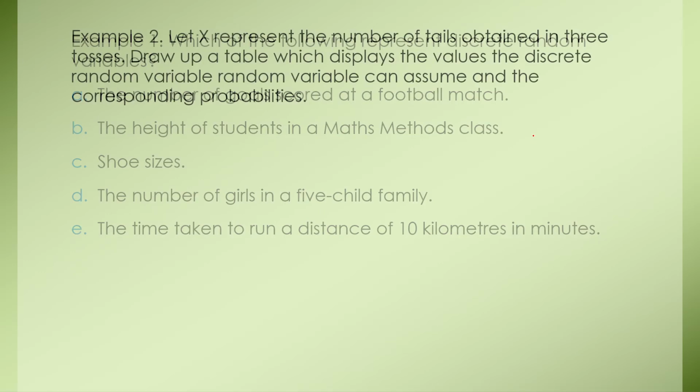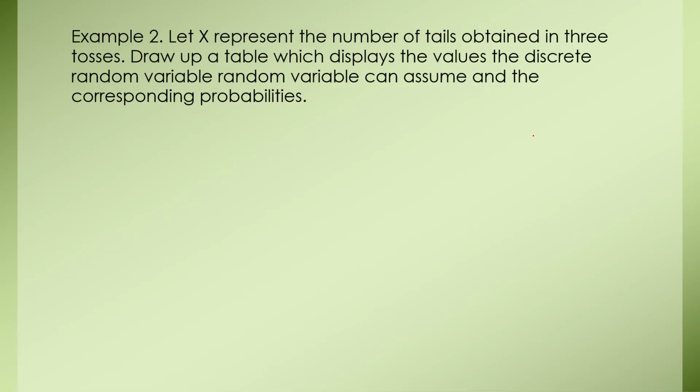Next is example number 2. Let x represent the number of tails obtained in 3 tosses. Draw up a table which displays the values the discrete random variable can assume, and the corresponding probabilities. So let us represent this using a tree diagram. If this is our coin, the first toss is head or tail.